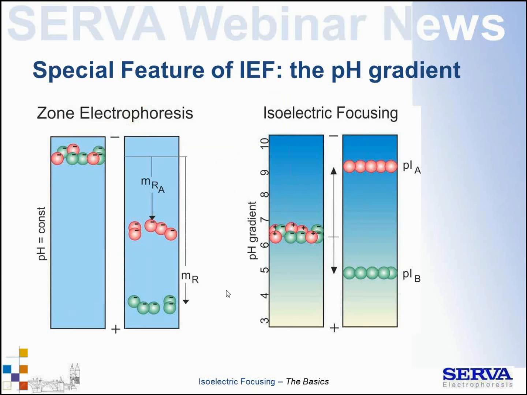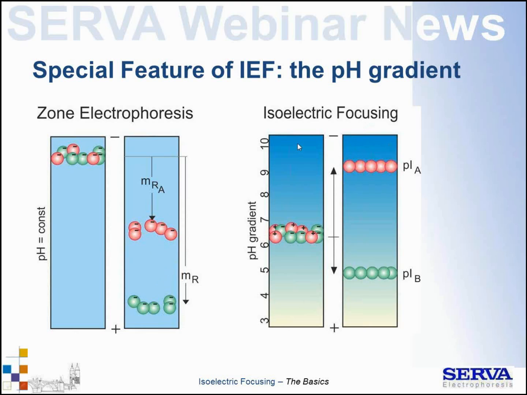So isoelectric focusing has a special feature. It is done in a pH gradient. Whereas in zone electrophoresis you have a buffer system and you need buffer compartments to maintain a stable pH during the separation and stable buffering capacity of the system, in isoelectric focusing you do not need electrode compartments.